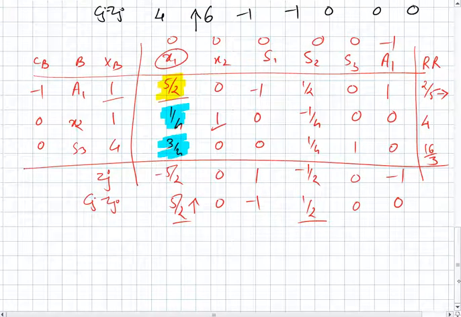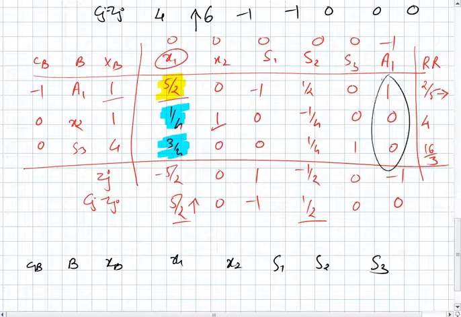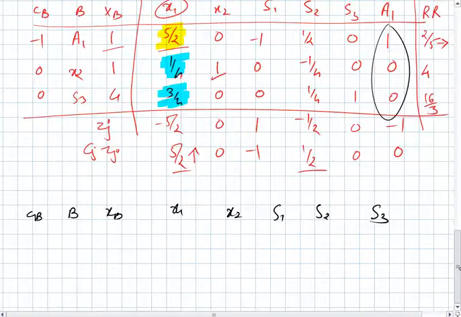So again make a table, that is CB, B, XB, X1, X2, S1, S2, S3. Since A1 is leaving the basis, so we will not calculate for A1. So in basis right now we are having X1, X2 and S3.